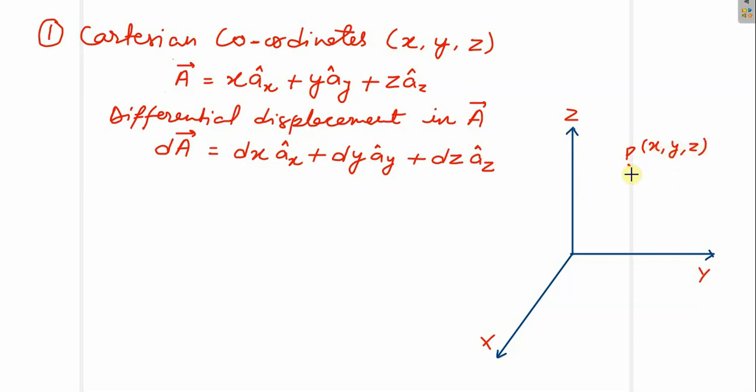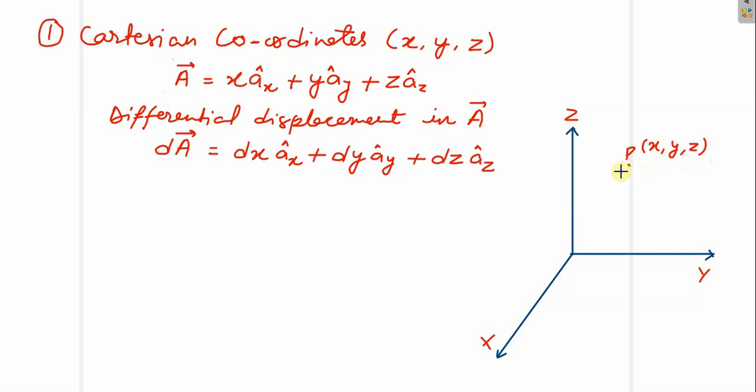Now if I want to represent the incremental, differential displacement in this x, y and z, obviously how can it be represented?